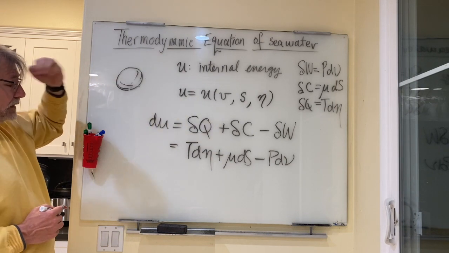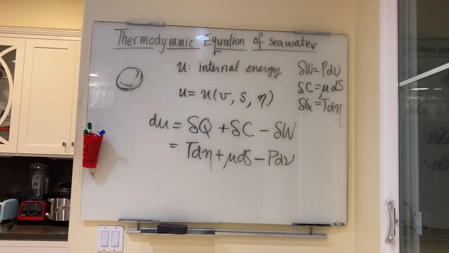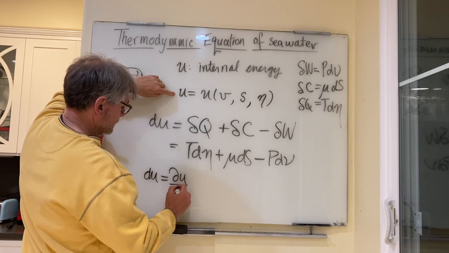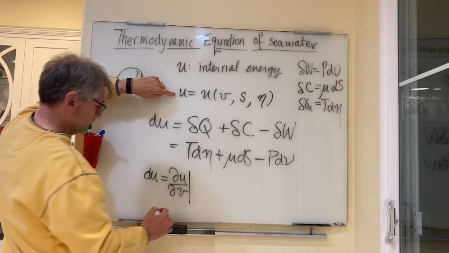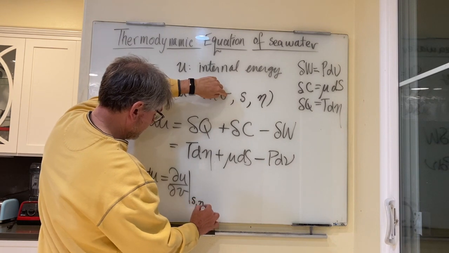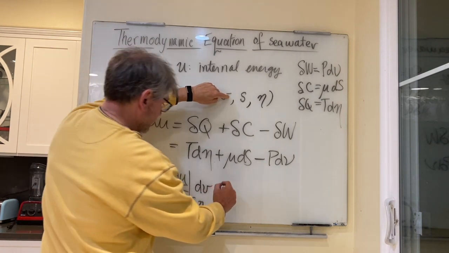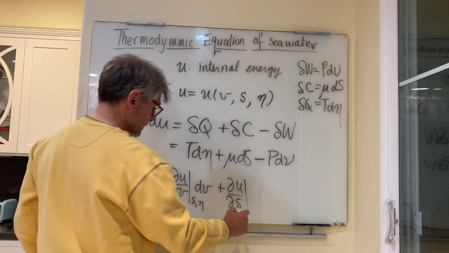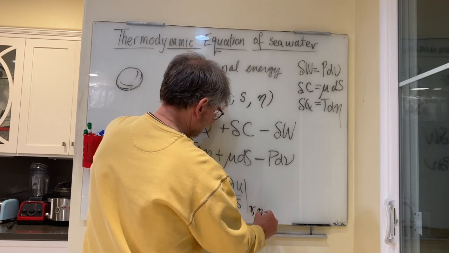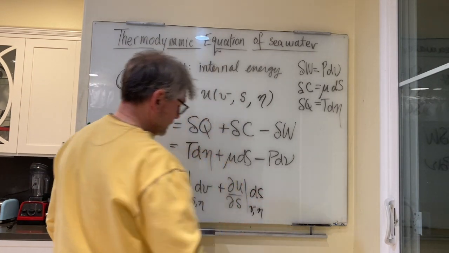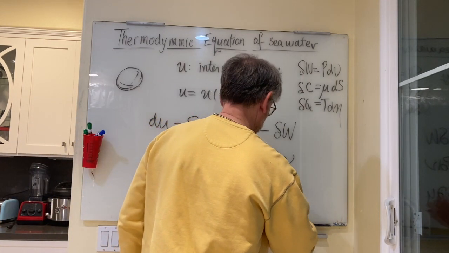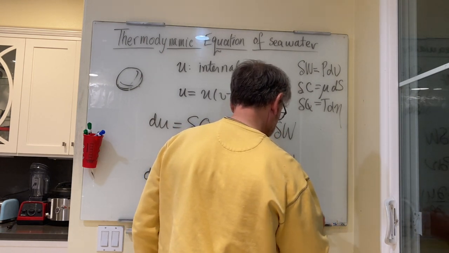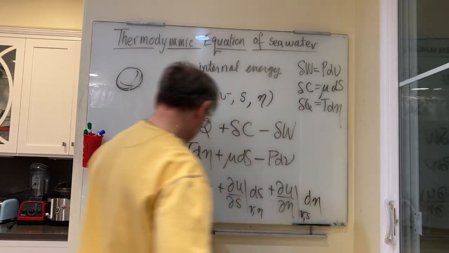derivative of U using the chain rule. So dU is partial U, partial V, holding S, salinity, and entropy constant, times dV, plus dU/dS, the partial derivative of the internal energy with respect to salinity, holding specific volume and specific entropy fixed, times the differential of salinity, plus dU/d eta, holding specific volume and salinity fixed, times d eta.